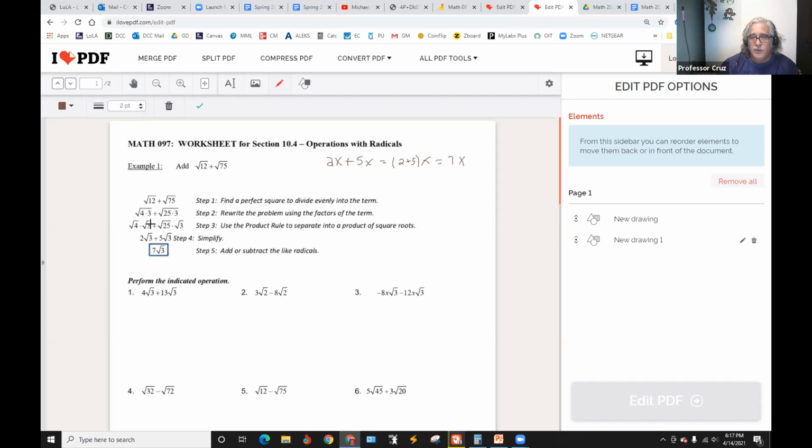Square root of 4 times square root of 3 plus square root of 25 times square root of 3. The square root of 4 becomes 2, so that's 2 square roots of 3, plus the square root of 25, which is 5 square roots of 3.